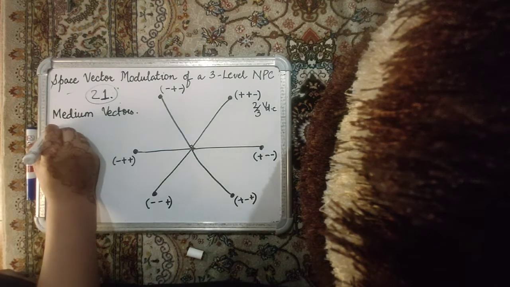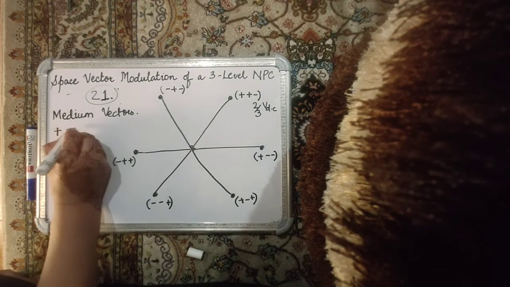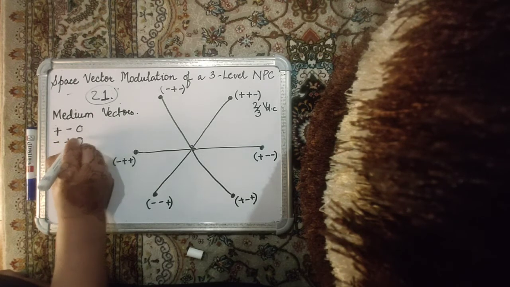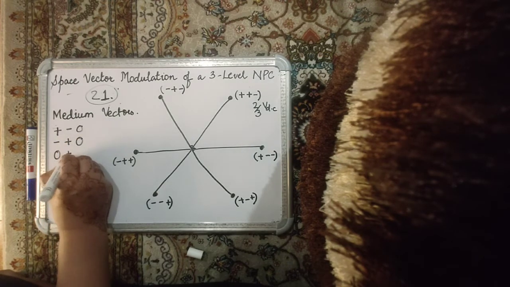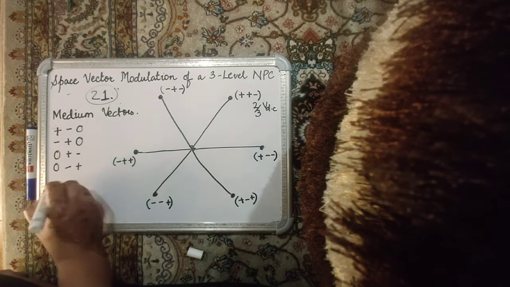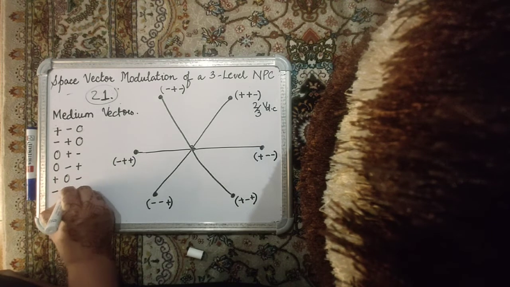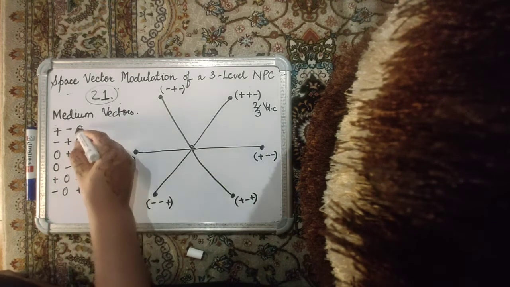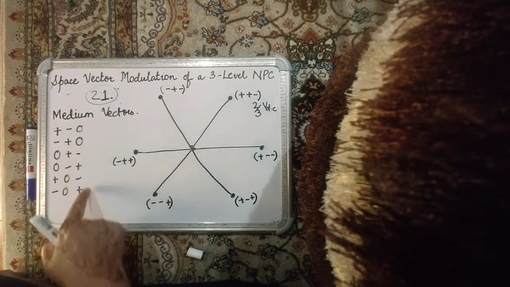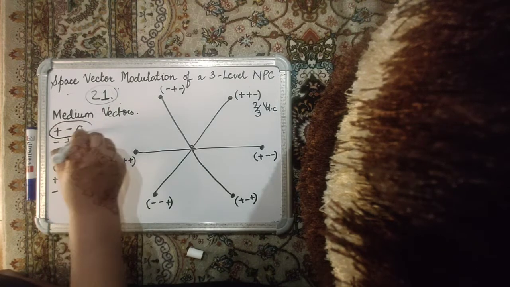So you can have something like plus, minus, 0, or minus, plus, 0, or 0, plus, minus, or 0, minus, plus, or plus, 0, minus, or minus, 0, plus. So again, there is a total of 6 switching states that correspond to the medium vectors. Let's try to solve for any one. Say the first one, plus, minus, 0.